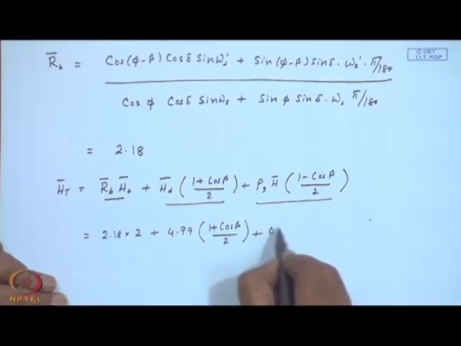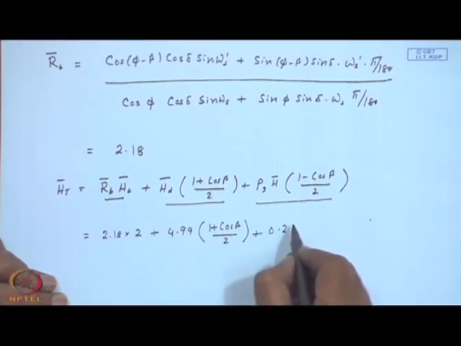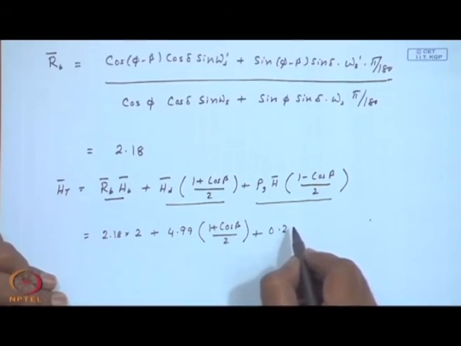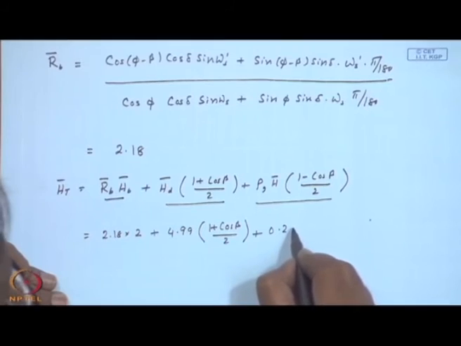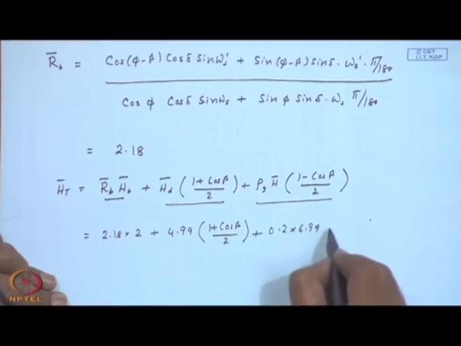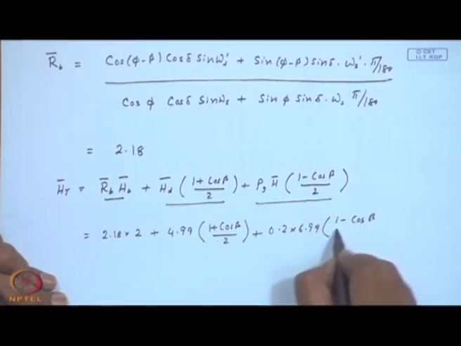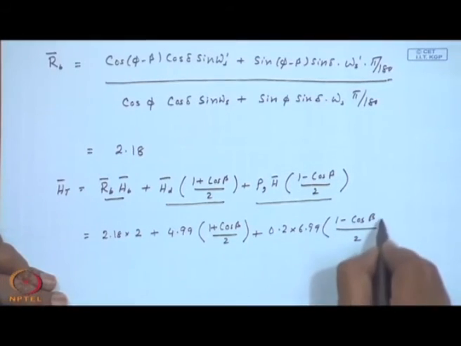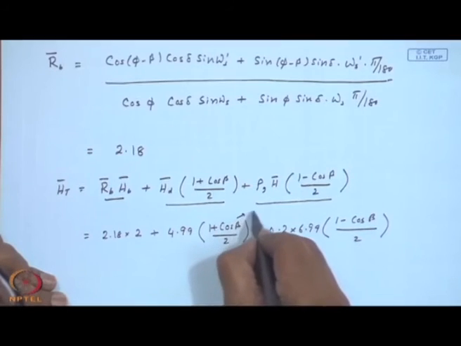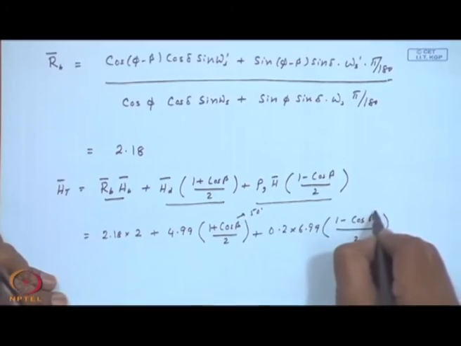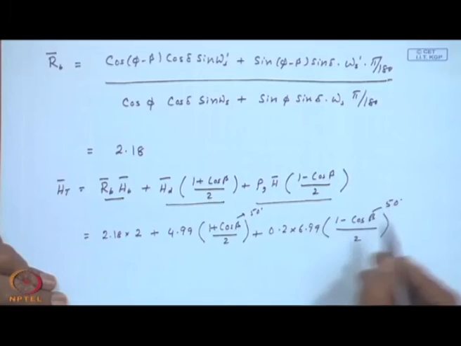plus rho g, I shall use 0.2, times H bar, 6.99, into (1 minus cos beta) by 2, where beta is 50 degrees.